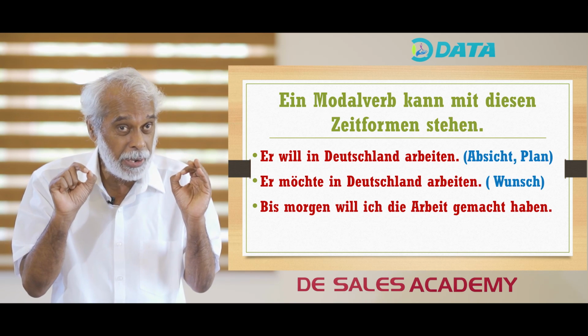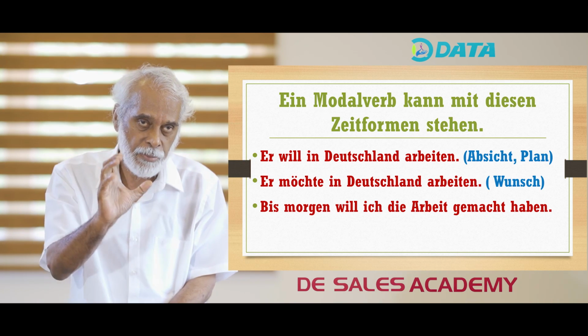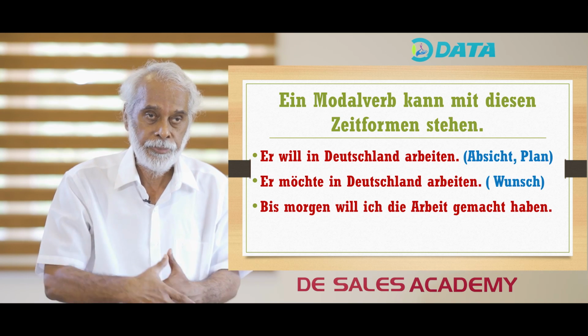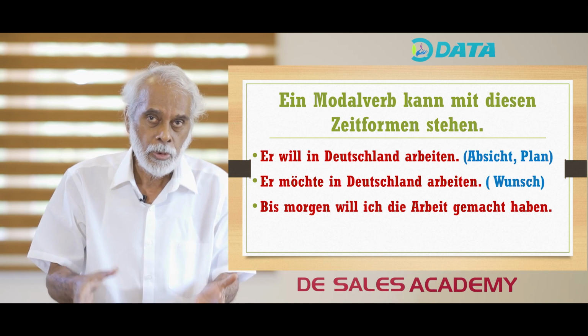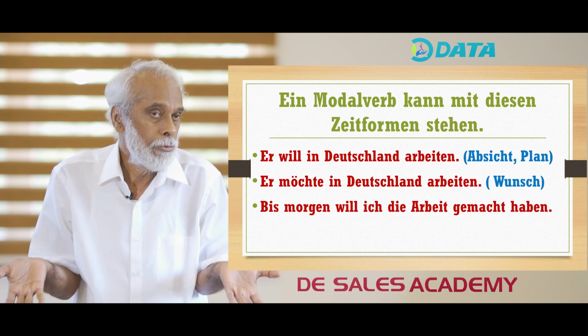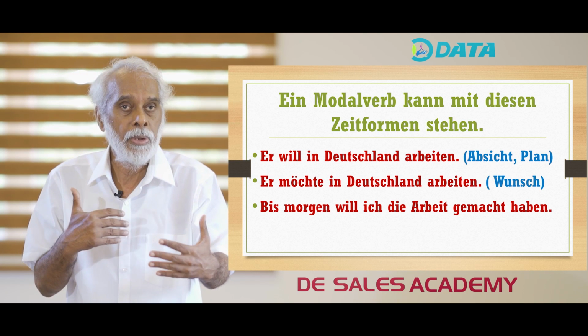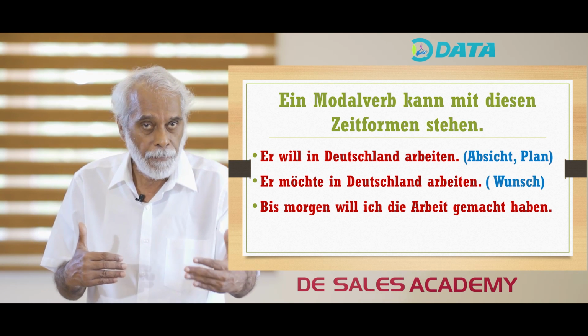That is eine Absicht. It's an aim. It's ein Plan. It's a plan. So möchten, ein Wunsch, wollen, ein Plan. Das ist der Unterschied zwischen möchten und wollen.